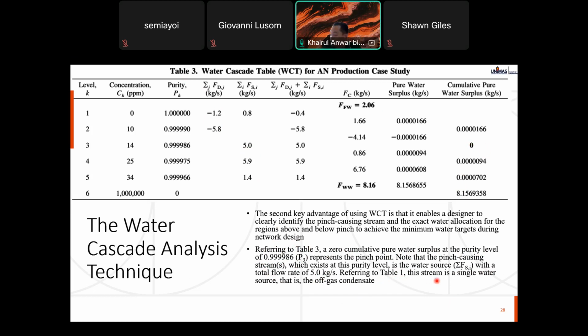Referring to table 1, this stream is a single water source, the off gas condensate. We refer back to the figure. The off gas condensate is just after the reactor, so figure 7 in the paper.